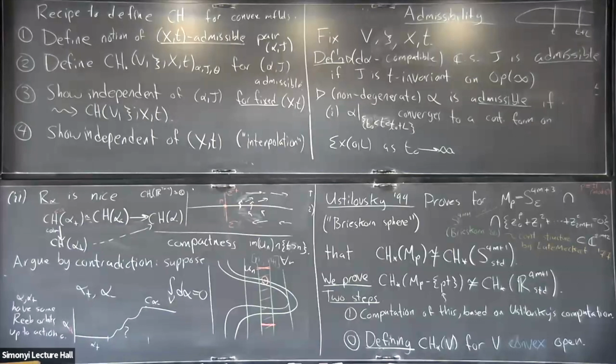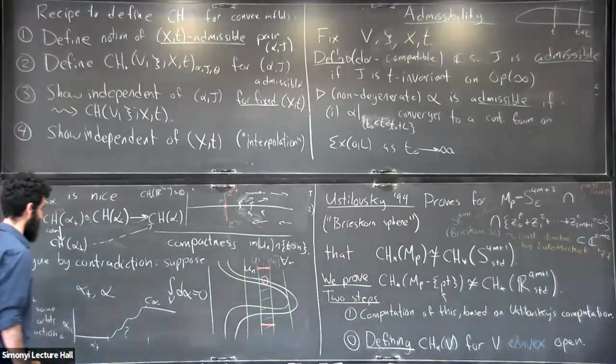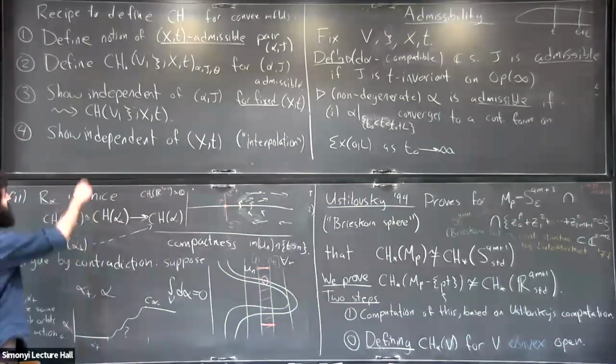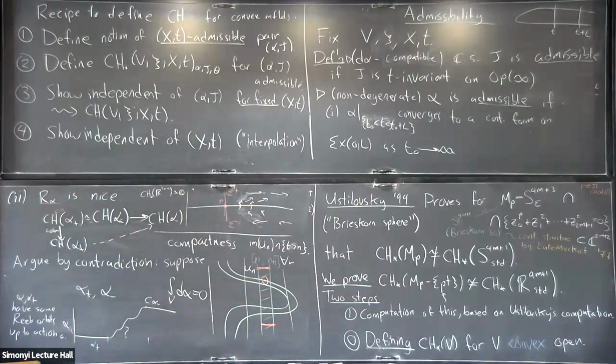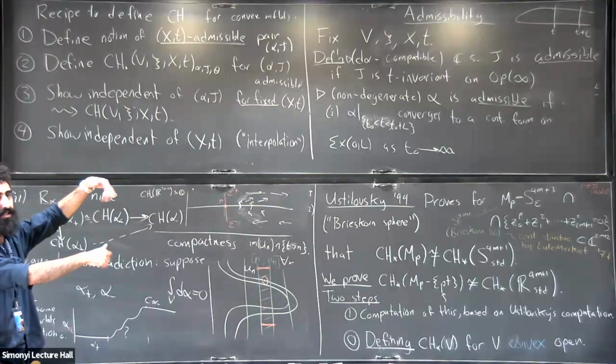Do you have any functorial properties of this version of contact homology? Yeah, that's a good question. The answer is not really, although it's a very natural thing to try to work out, which I haven't done yet. But what we do have is, when we're proving the independence of the invariant for a fixed convex structure, you can look at cobordisms between two contact manifolds which are isomorphic at infinity with the same convex structure.